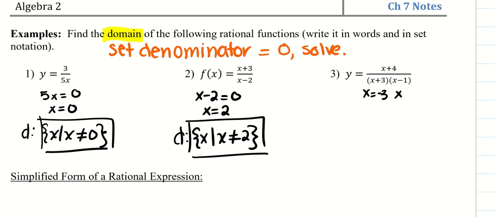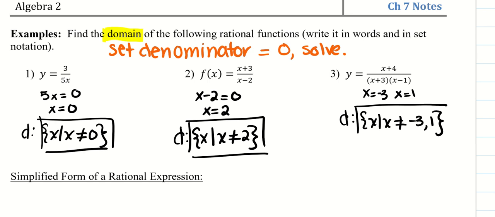We have x equals negative 3 and x equals 1. So the domain is going to be values of x where x does not equal negative 3 or 1. You want to write them in least to greatest with a comma in between.